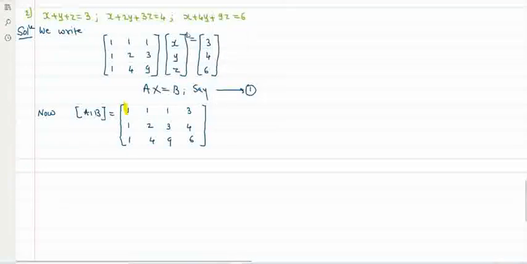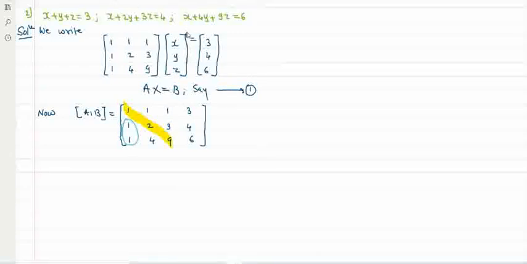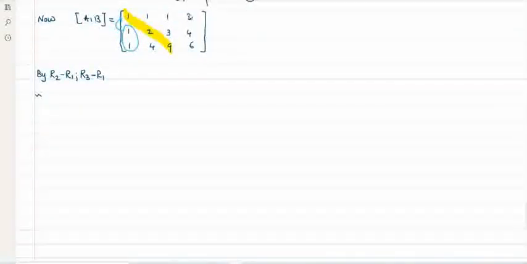In this case, the diagonal entries are 1, 2, 9. Our first target is to reduce these two elements by using R1. Tell me the transformation. R2 minus R1, R1 is the key row, and R3 minus R1. So the new equivalent matrix, I will scroll up a little.